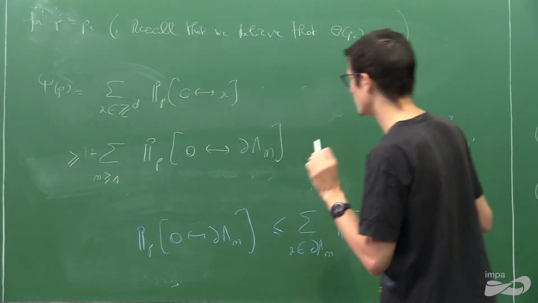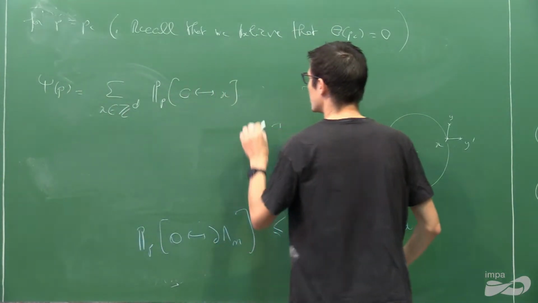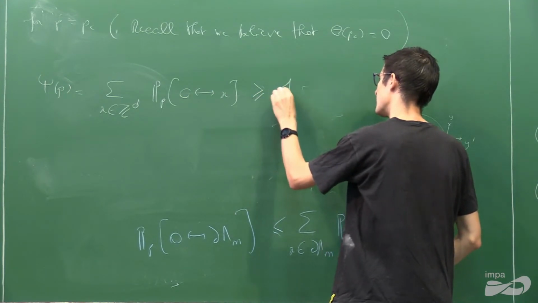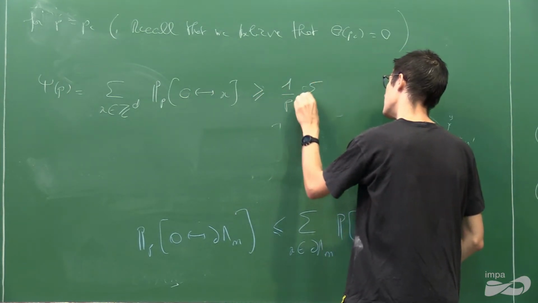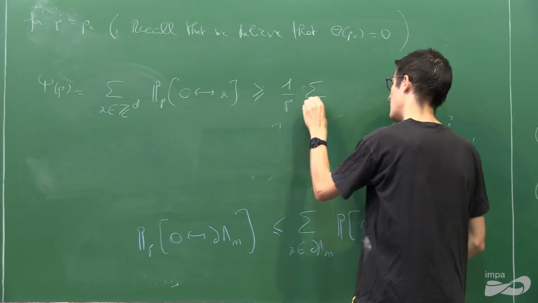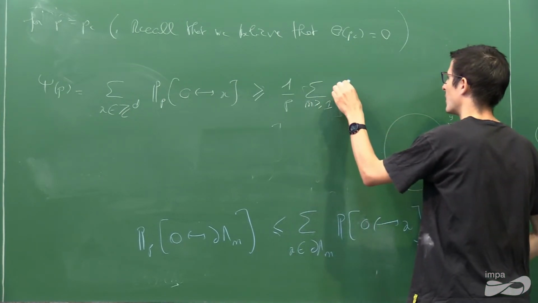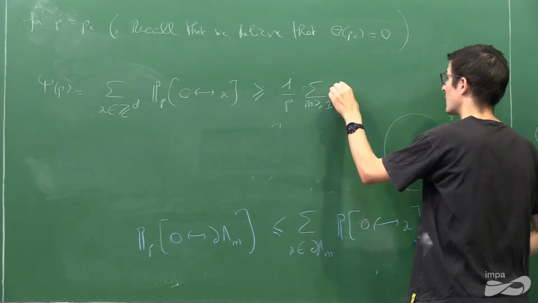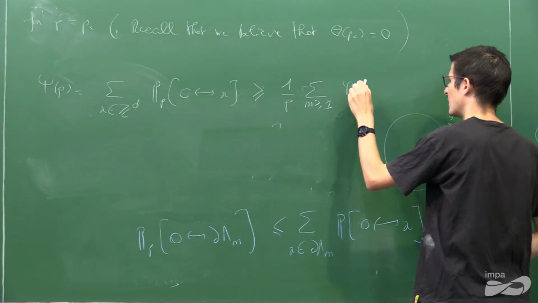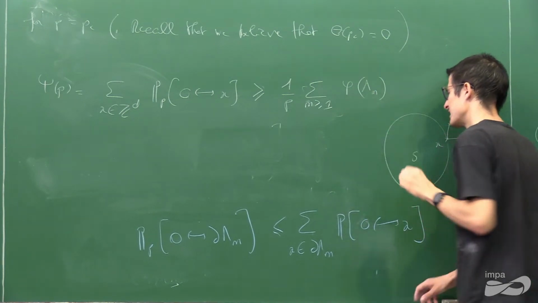Okay, so what I want to say is that this is larger than 1 over p sum over n larger than 1 of phi Lambda n. And maybe I need a constant.